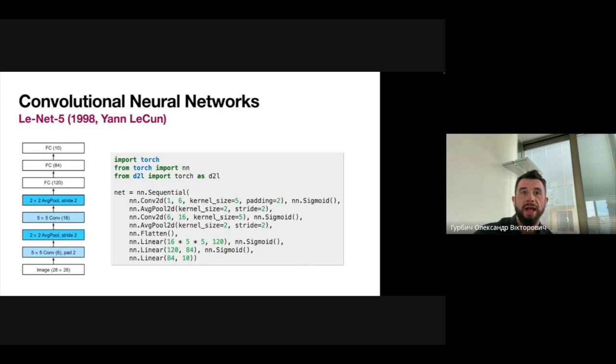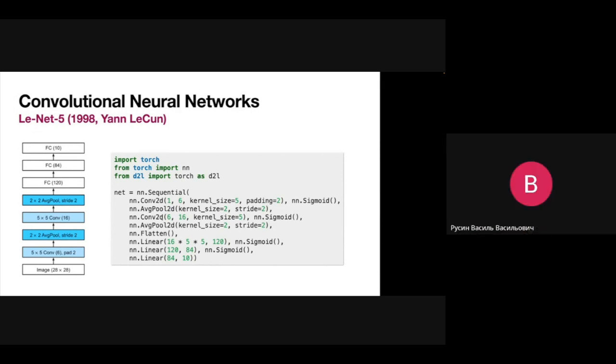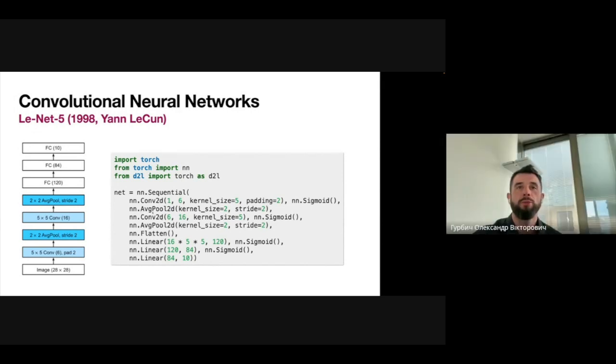And then you have another convolutional layer. So how many convolutional layers does this network have? 2. 2, right? So the pooling is just an addition to convolution.